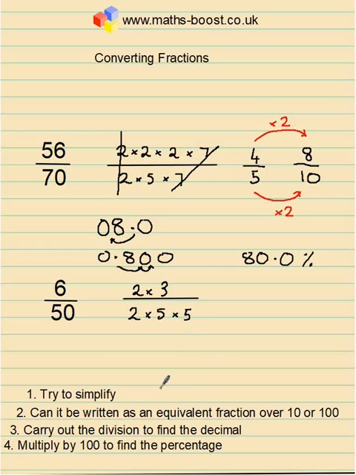And I can see clearly what's going to cancel. Now I'm going to ask myself, can it be written as an equivalent fraction over 10 or 100? And yes, I can see it can be written as a fraction over 100.